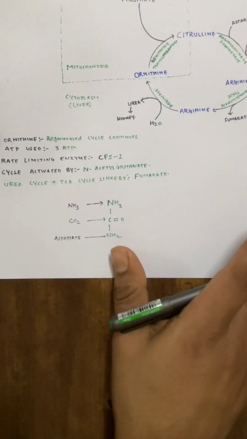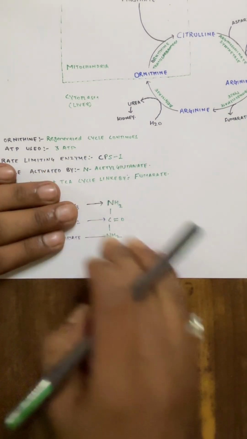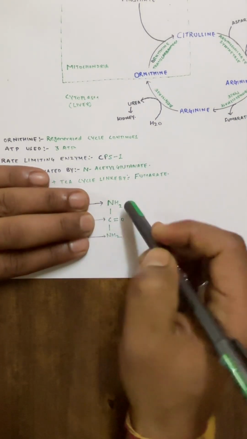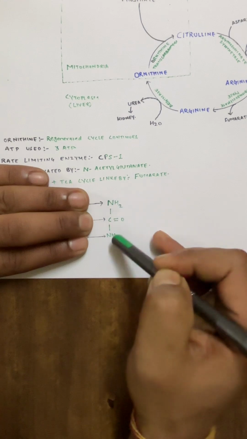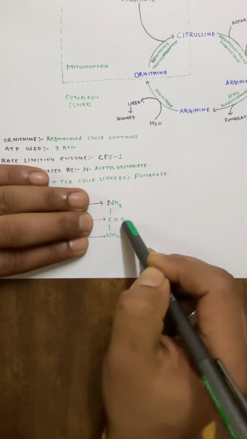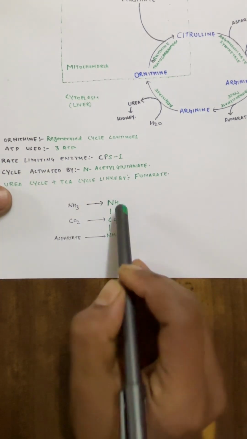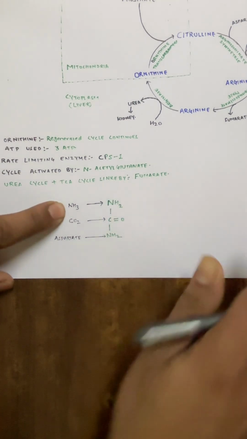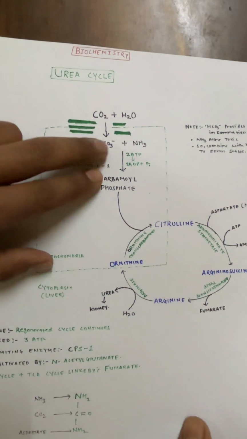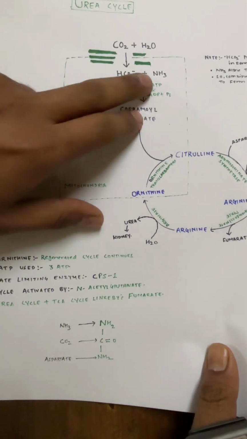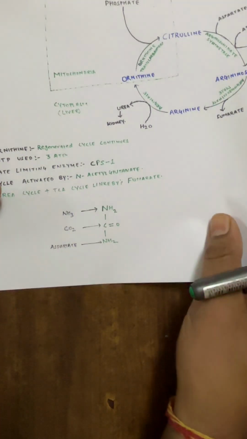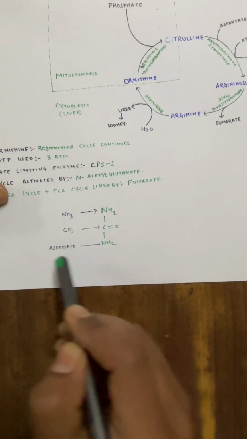Now while talking about the urea formula, there are 2 nitrogens, NH2 and NH2, and here is carbon. One nitrogen is coming from ammonia. So when urea is forming, 1 nitrogen is coming from ammonia, and the other N is coming from aspartate.